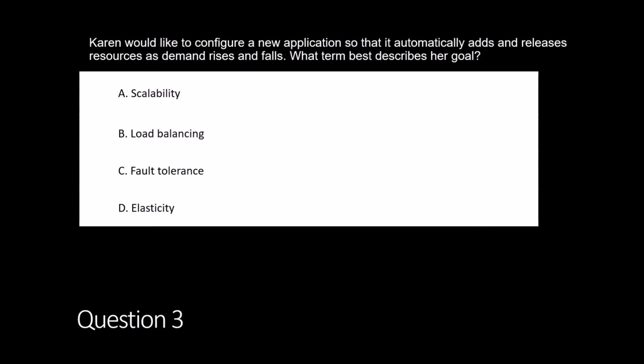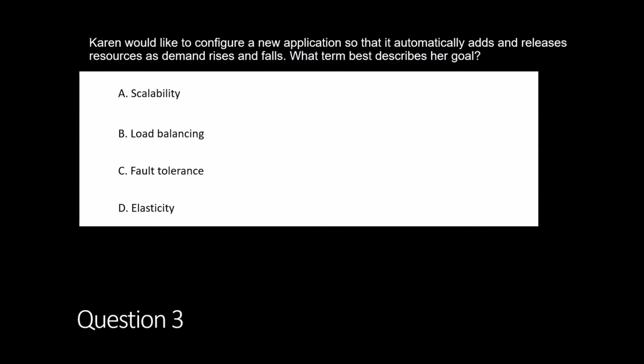So let's go through the options. Scalability, load balancing, fault tolerance, elasticity. We'll read through the question once again. Karen would like to configure a new application that automatically adds and releases resources.